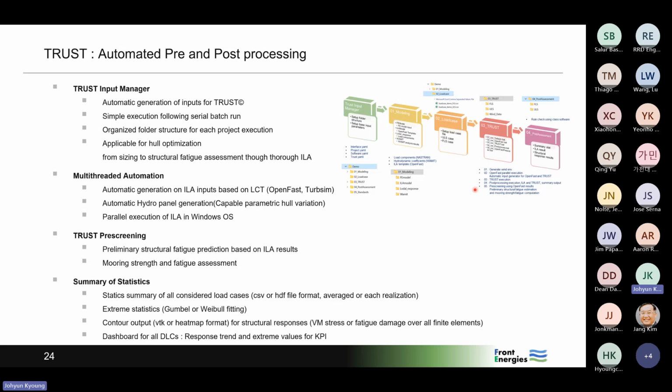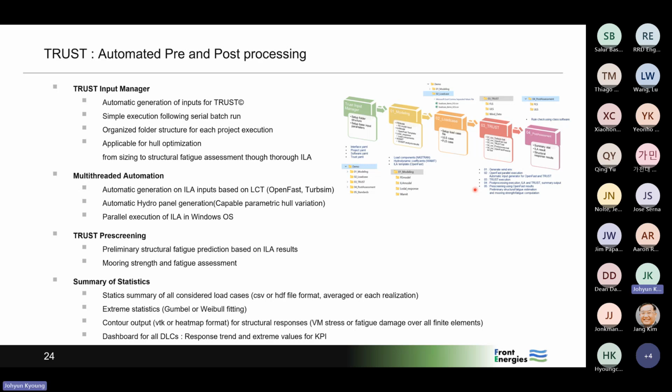And this input manager provides several batch files, numbered 1, 2, 3, 4, 5. The engineer just clicks serially the first batch file, the second batch file, the third batch file. So it's easy to execute. Also, using this input manager, from hull sizing to the structural assessment, it can easily support a design spiral.